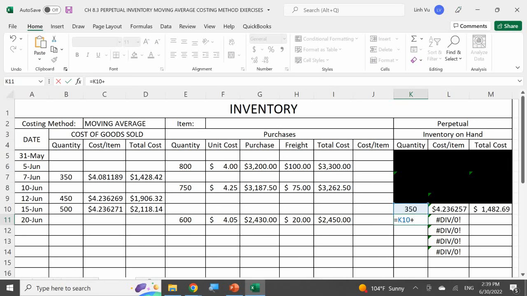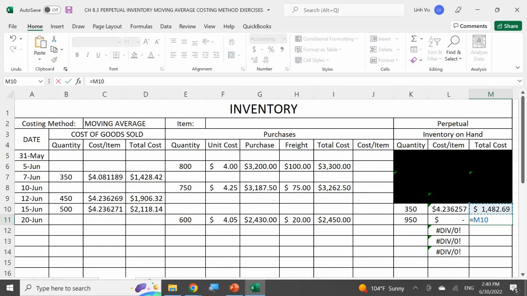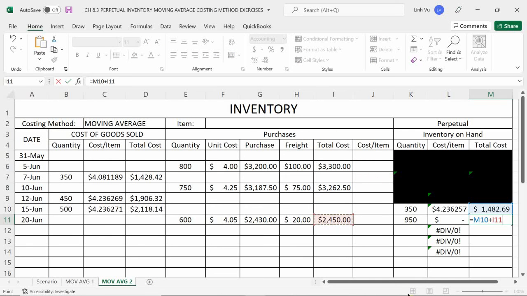350 plus 600, I just gave you the answer, is 950, okay? And then adding my total cost together should give you a grand total of $3,932.69, which will bring down my average cost. Oh, that's right, because when I purchased it, instead of paying $4.25, I end up paying $4.05.